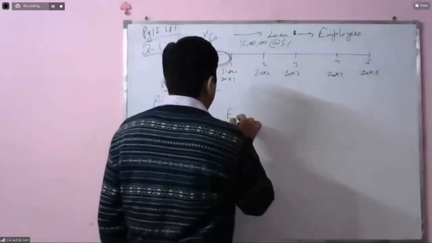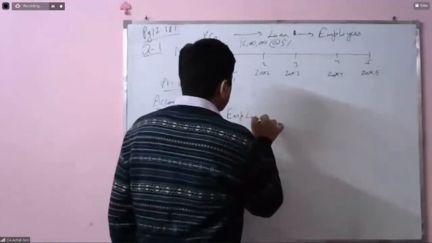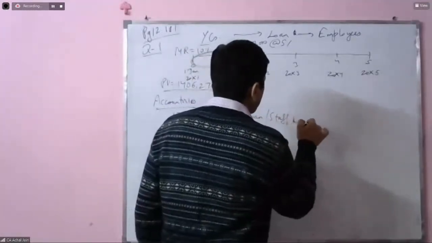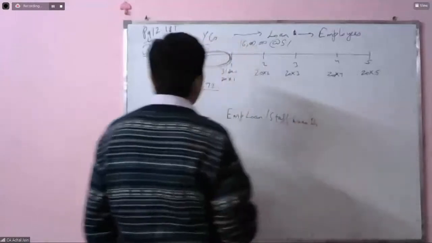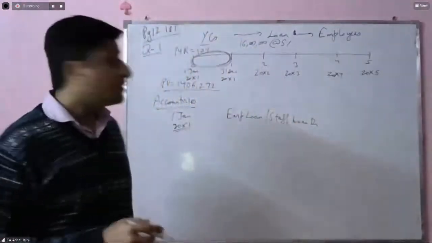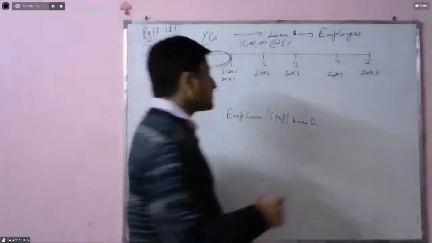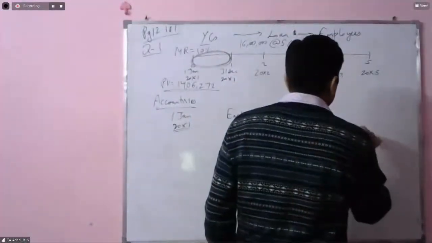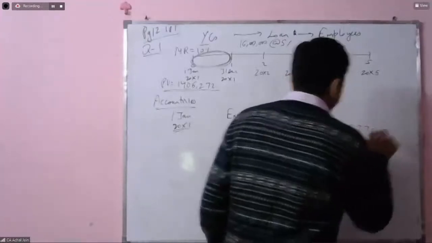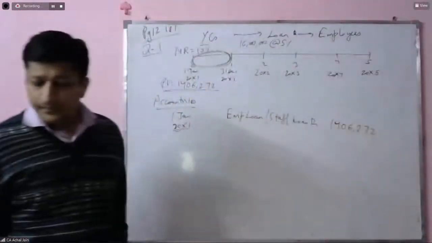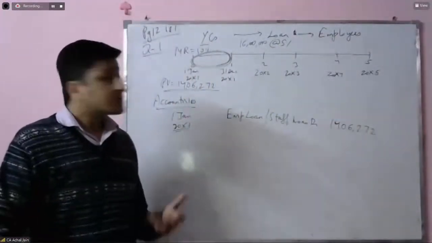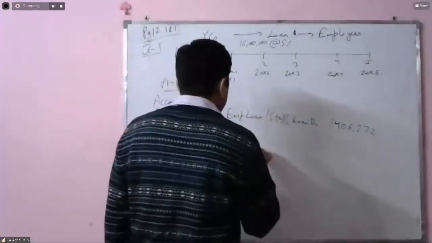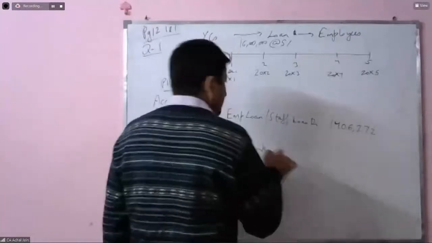So we will say employee loan or staff loan, debit. What's the amount at which it will be recorded? 14,06,270. And what's the money which has been paid? 16 lakhs, to bank.